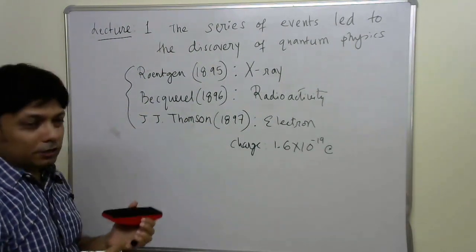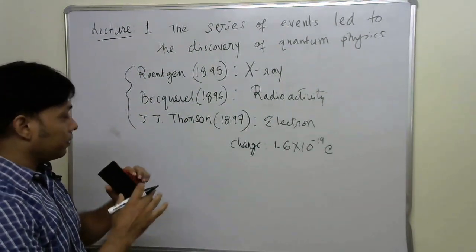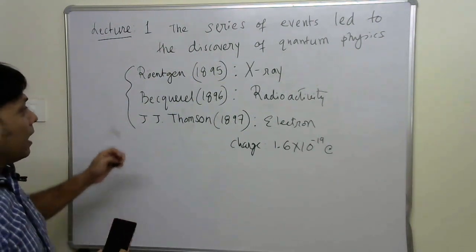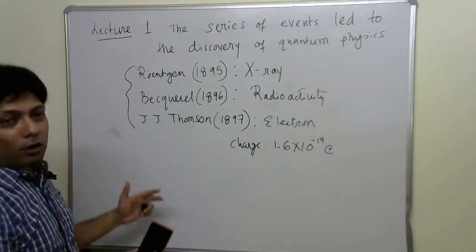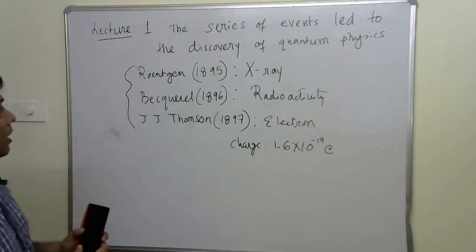Within these 3 years, three groundbreaking discoveries were made, and all three fell into the domain of classical physics.